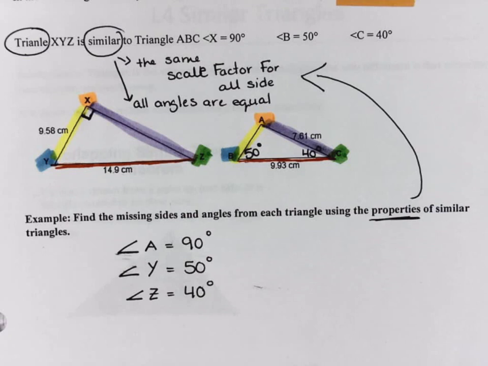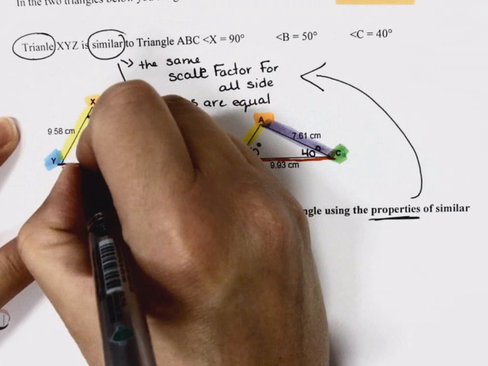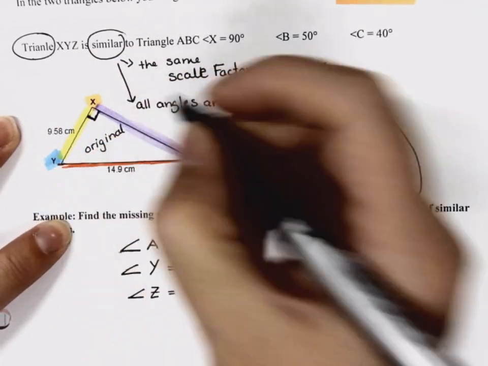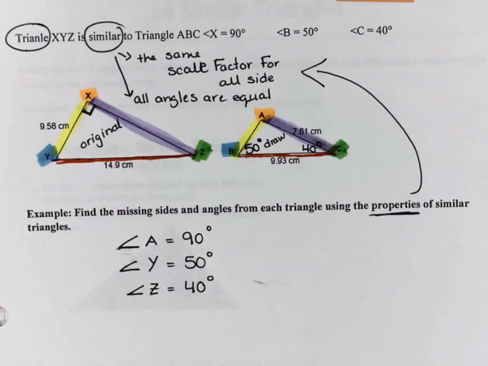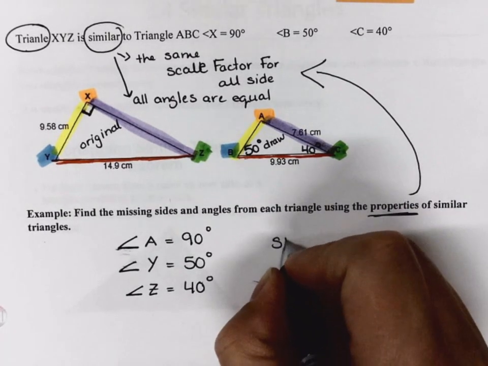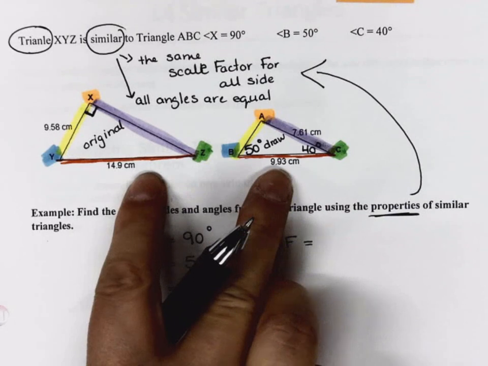All right, so now we need to calculate the scale factor. So what matching sides do we need to use in order to calculate scale factor? Anybody? So if we use this as the original, and we use this as the drawing, and it's always good to label them just so that helps our brain. In order to do scale factor, I have to have both pieces of information.